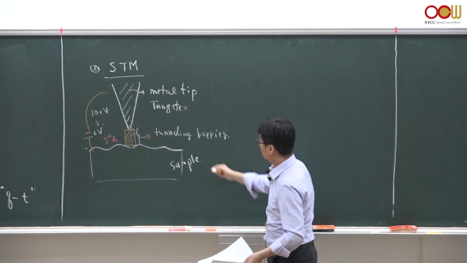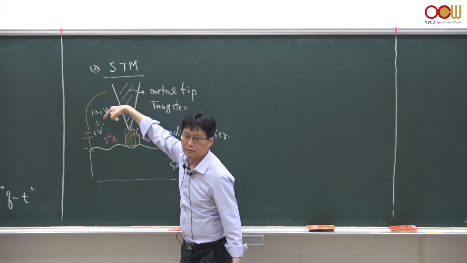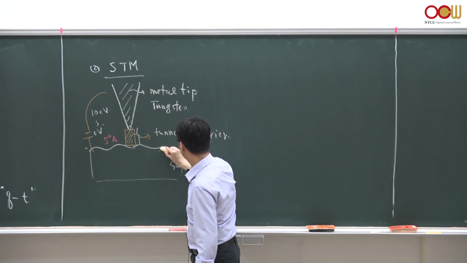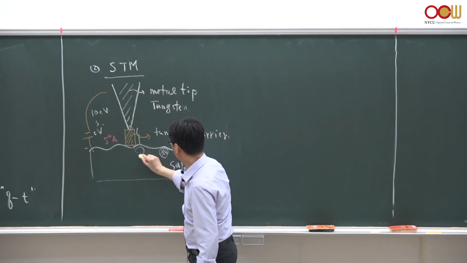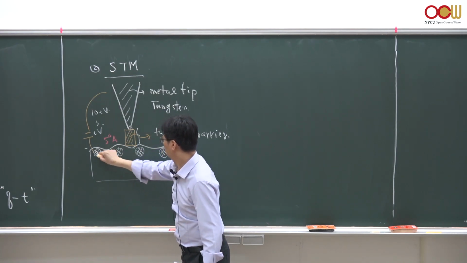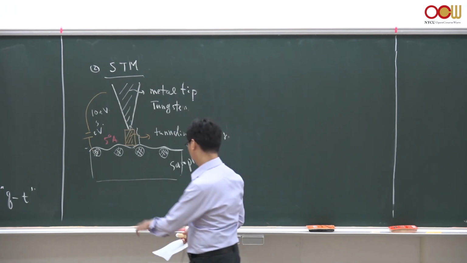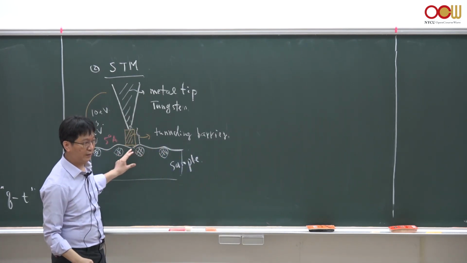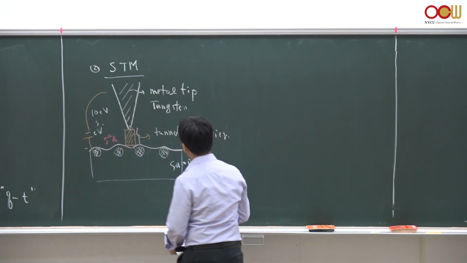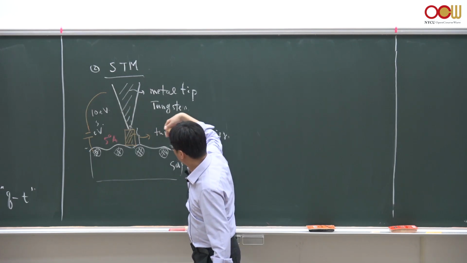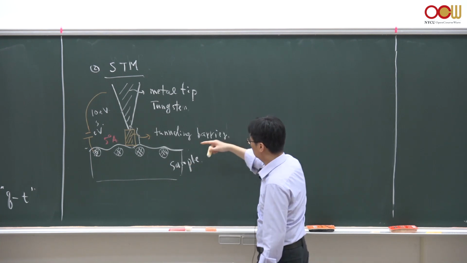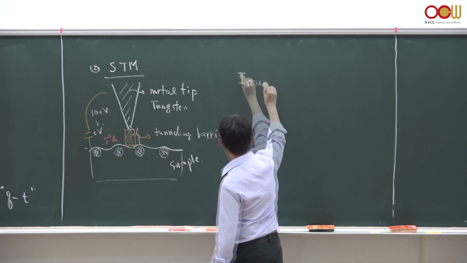Then you can move the STM tip around horizontally or vertically. If there are some atoms distributed on the lattice, you will see them, because the electrons nearby these ions or atoms are distributed according to the periodic structure. By moving around the STM tip, you can see the signal as the intensity of your STM current.